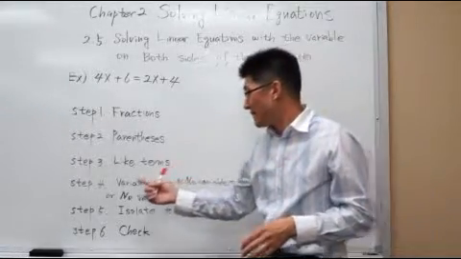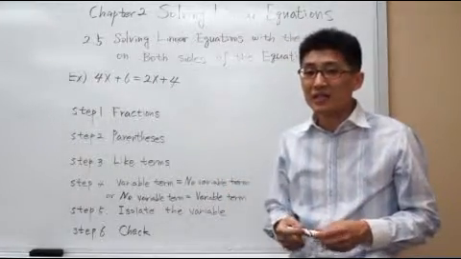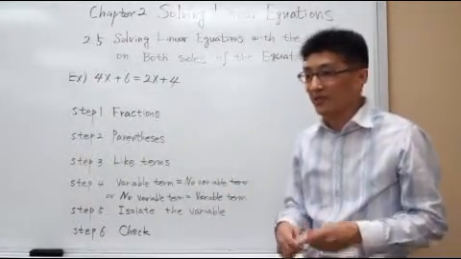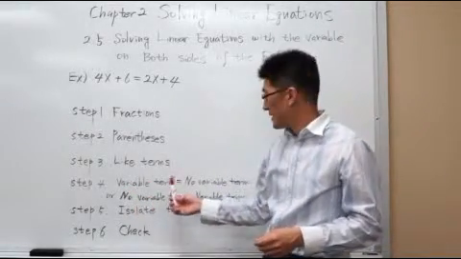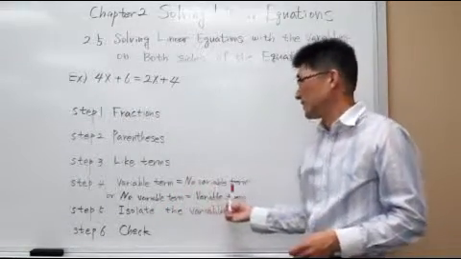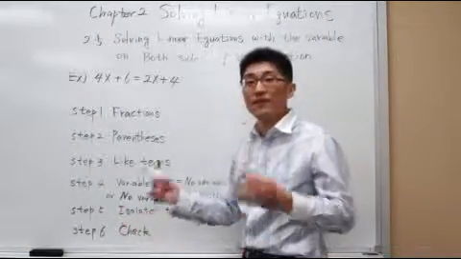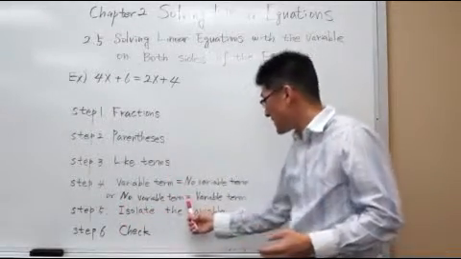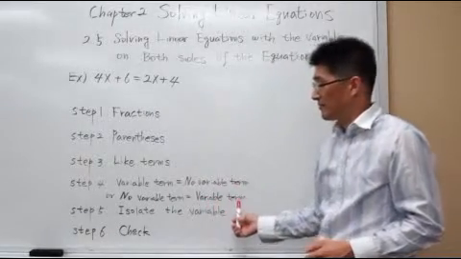The fourth step: by using the addition property, you want one side to be a variable term, with an equal sign, and the other side to be a non-variable term. Or the left-hand side is a non-variable term, equal sign, and the right-hand side is a variable term.